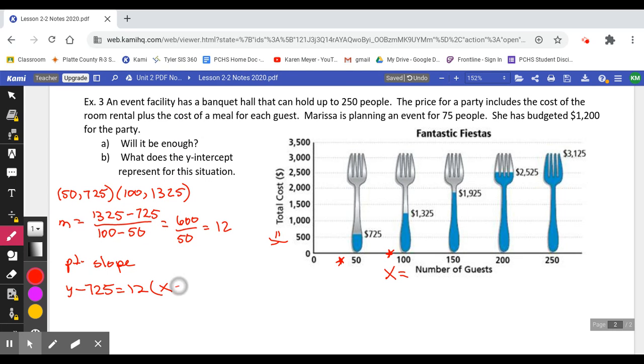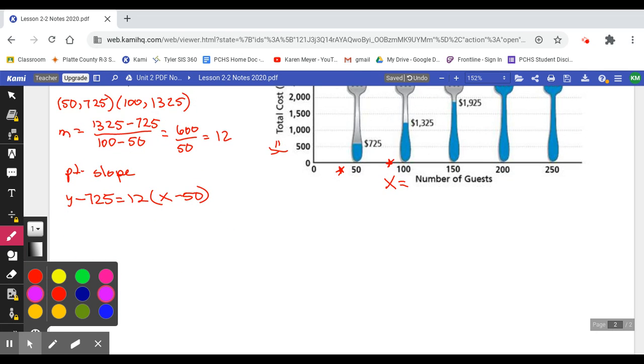The x number is 50, so the opposite is minus 50. Now, in my point-slope form, what am I trying to do? I am trying to figure out if I have enough money for 75 people. So let's plug in. Remember, x is the number of guests. So where you see x in your equation, plug in 75.